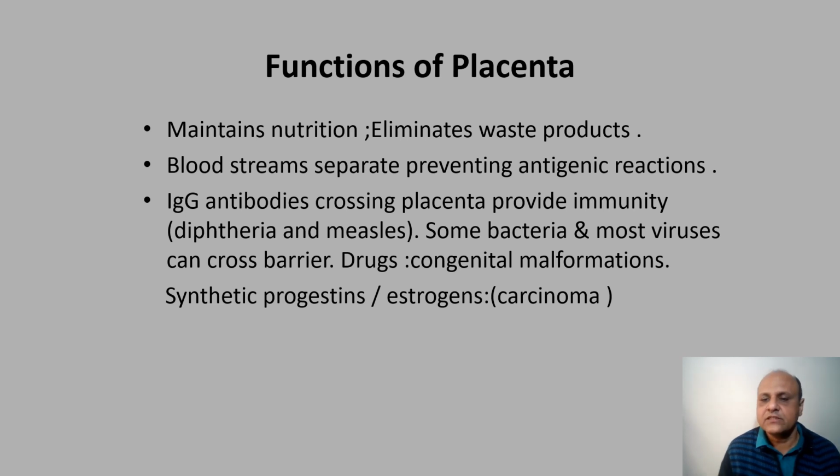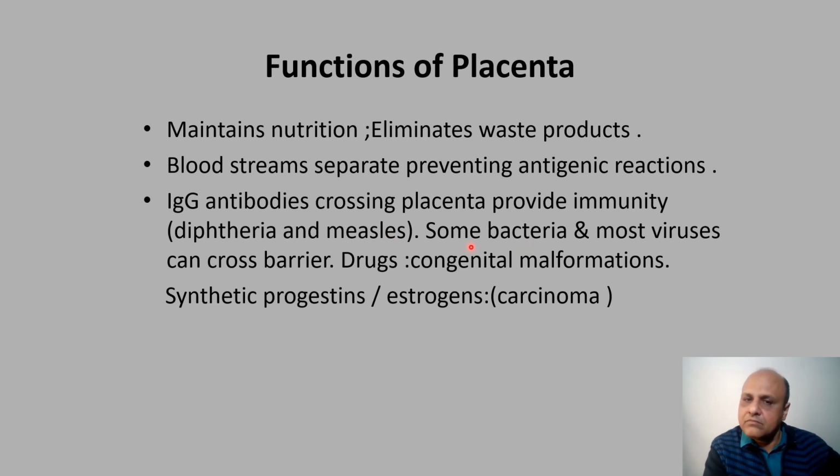So what are the functions of the placenta? This placental barrier which was formed keeps the two streams, the maternal and fetal circulations, separate, preventing antigenic reactions. The placenta is formed essentially to provide nutrition to the fetus, and it eliminates waste products from the fetus into the maternal circulation. The IgG antibodies from maternal circulation cross the placenta and provide immunity against some infections like diphtheria and measles.